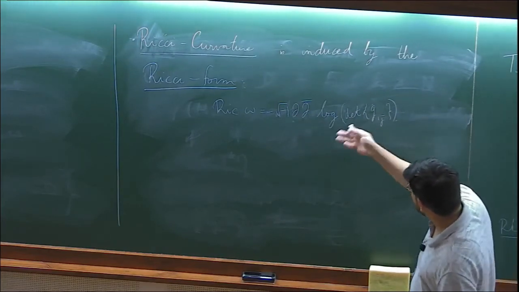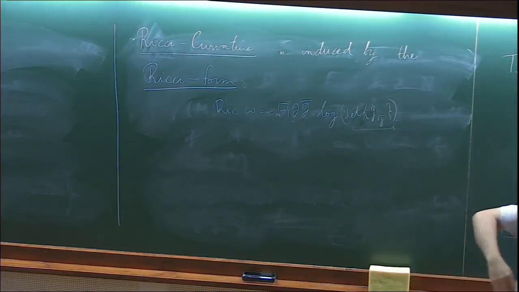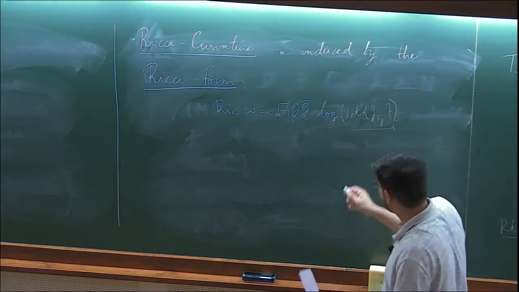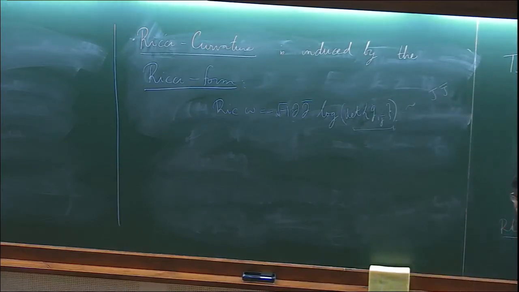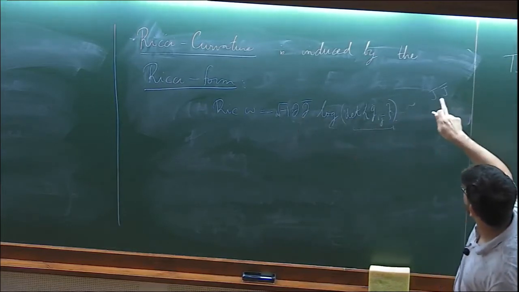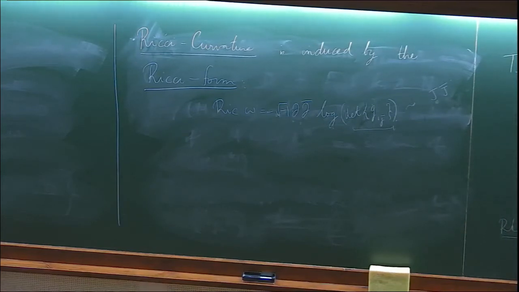If you stare hard enough, that becomes sort of obvious, because if you change coordinates, this determinant will basically be multiplied by the mod squared of the holomorphic Jacobian. So that means this will be transformed by the holomorphic Jacobian times the holomorphic Jacobian bar. And then once you take log, this separates, and then d kills this guy, d bar kills this guy, right? So this is in fact a globally defined form, okay?